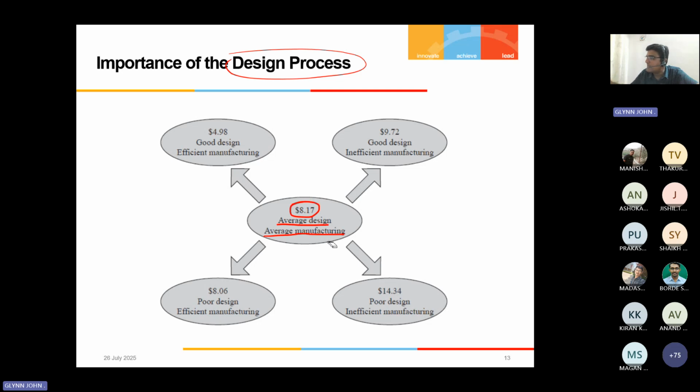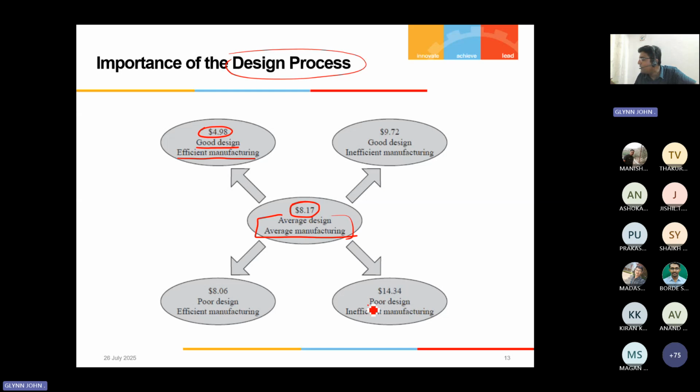Let's imagine that's a very simple product. If you have a good design and efficient manufacturing, it's costing some four and odd, so you can approximate it to half, right?